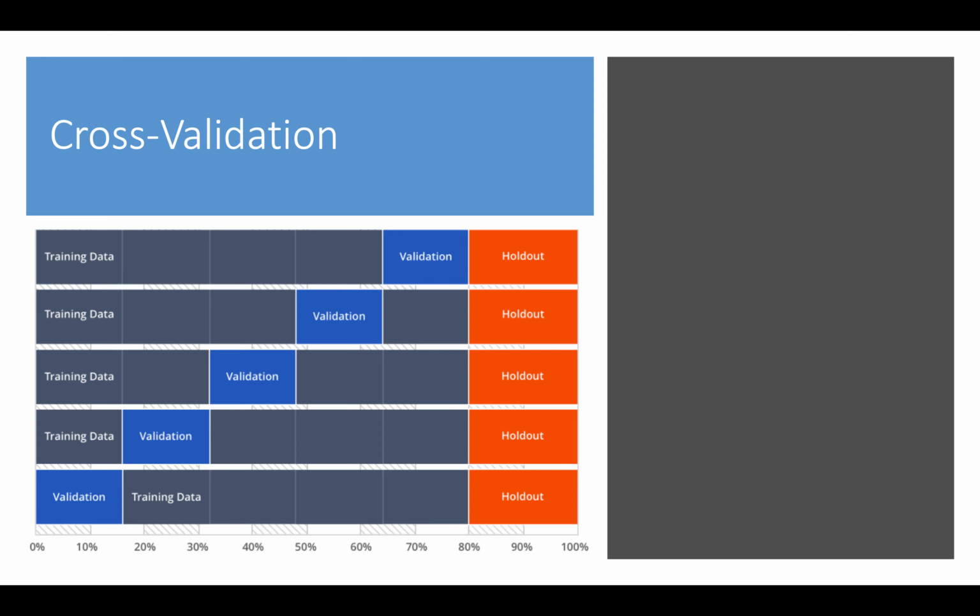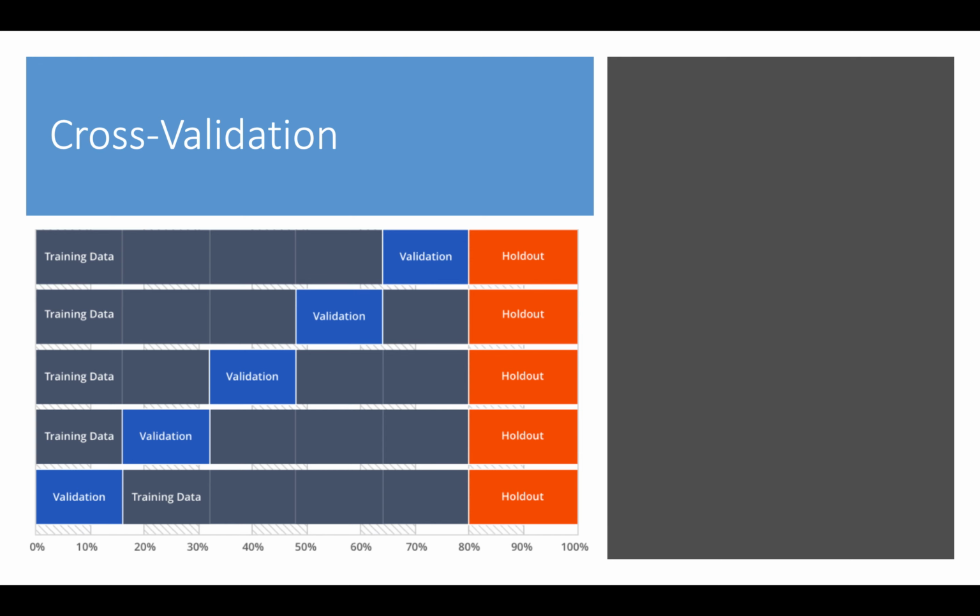To train the second model, you use F1, F3, F4, and F5 to train and F2 as a validation set, and you continue building iteratively like this and compute the value of the metric of interest for each validation set from F1 to F5.